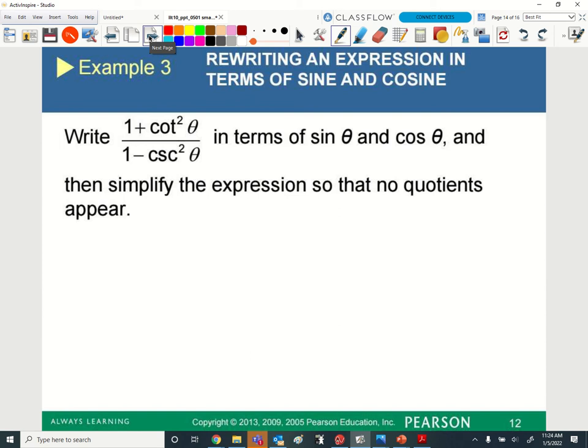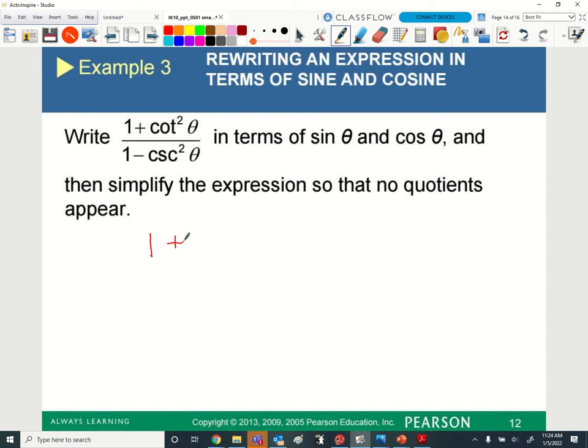This problem says write this in terms of sine and cosine, then simplify to an expression where no quotients appear. What is a quotient? Division. Yeah, no division. So this is going to translate into 1 plus, what is cotangent? X over y.